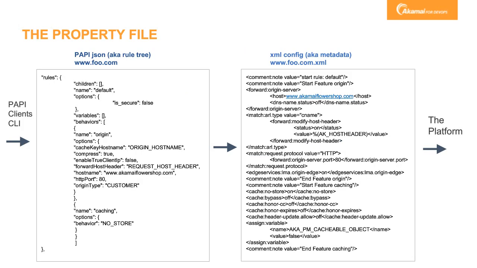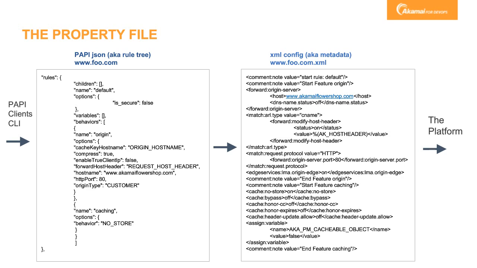Quick word on what we're actually managing. When we talk about a property file or a config in the PAPI world or Property Manager world, that translates into a JSON file. You'll see this on the left here of the slide.